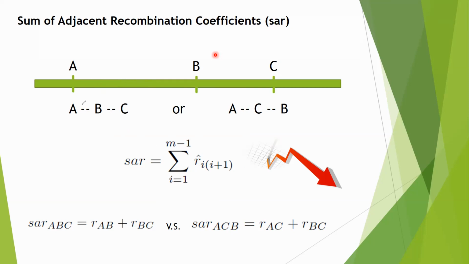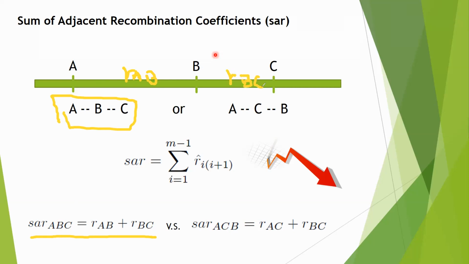If ABC is the correct order, then the SAR will be defined like this: we add RAB to RBC, right?